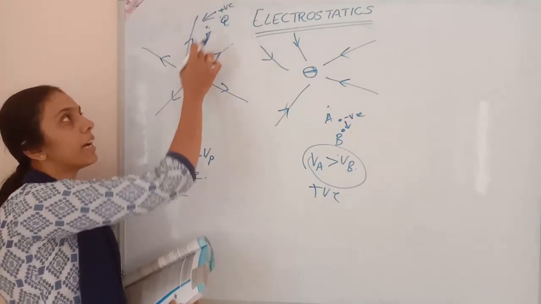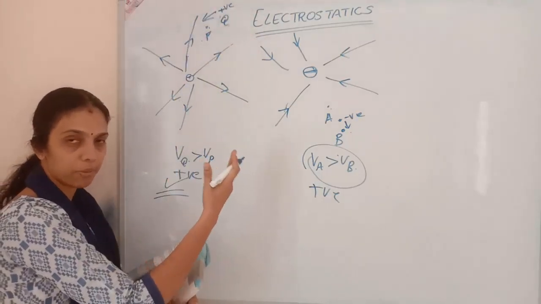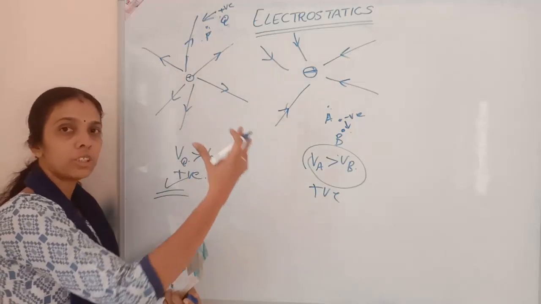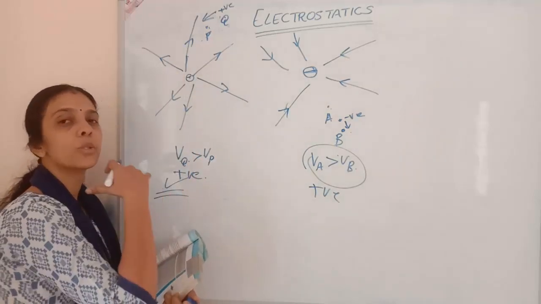Same kinds of charges mean repulsion. We should work against it because it is repulsion, and we are trying to move it towards.